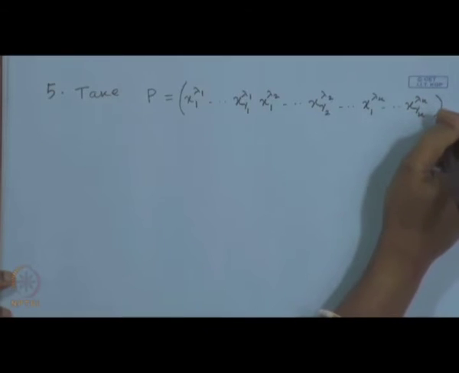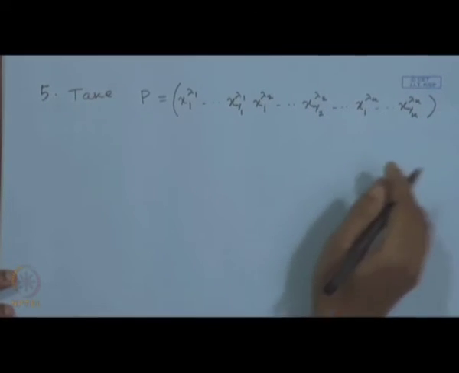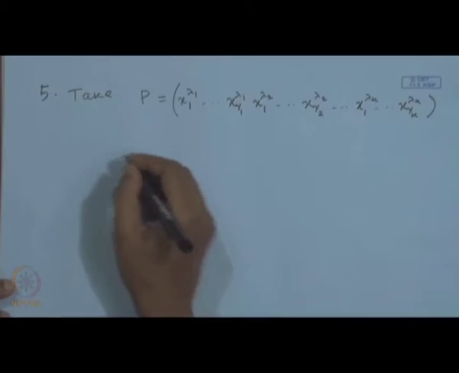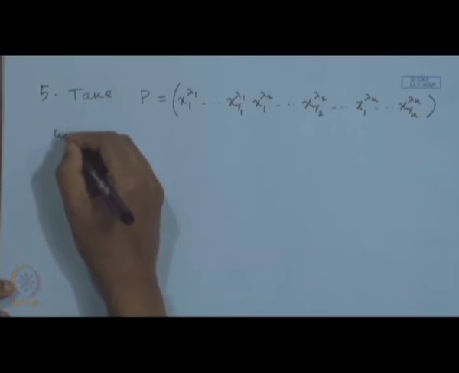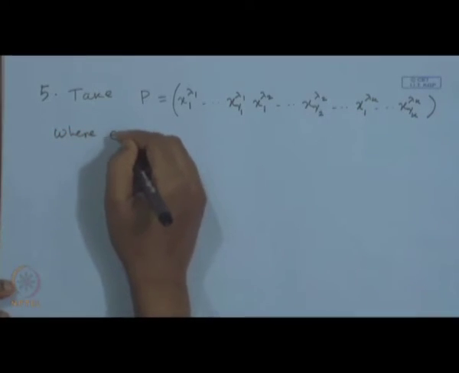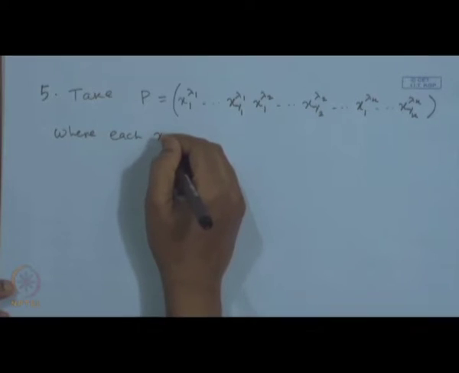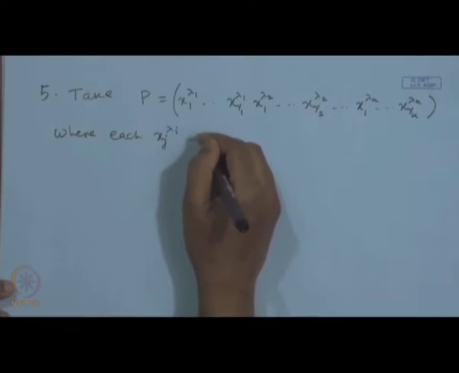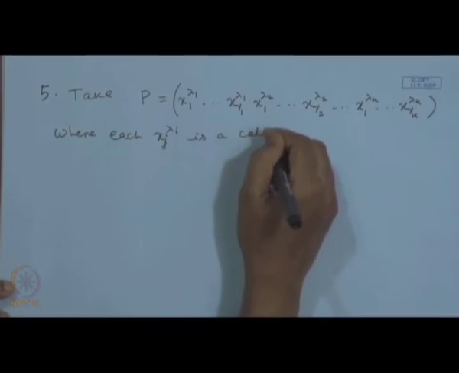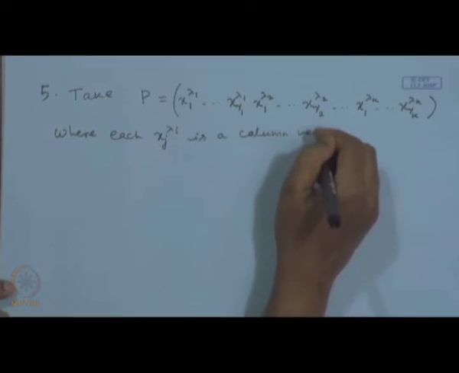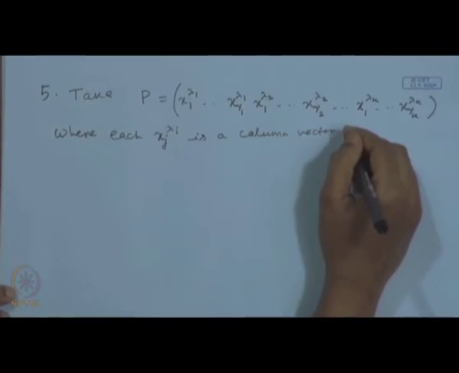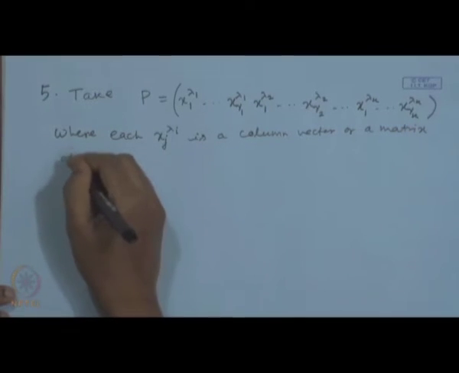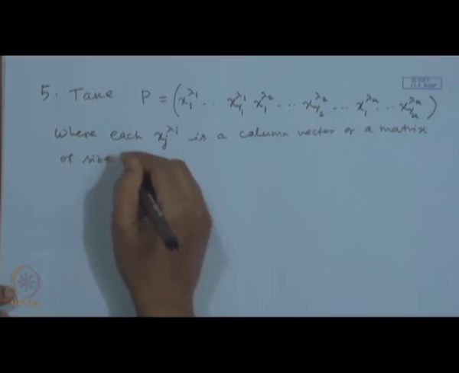This is a matrix of size n by n, where each x j lambda i is a column vector of size n by 1.